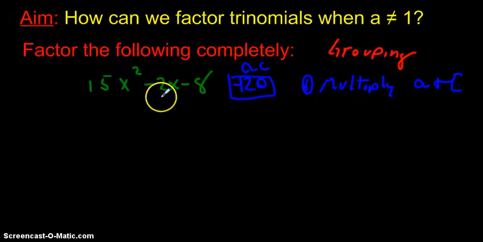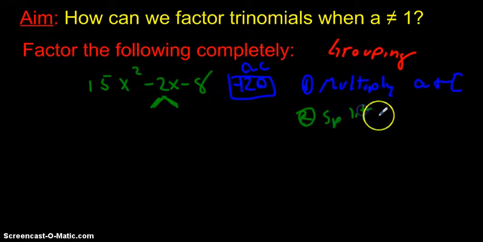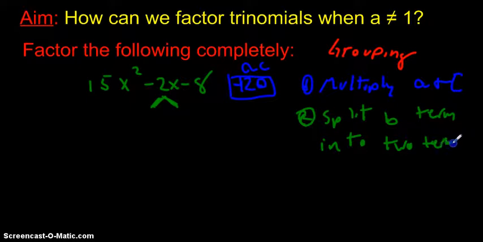We're going to split that into two terms. We're going to split our center term into two terms. So let's write that down as a rule. Split B term into two terms that multiply to be AC.